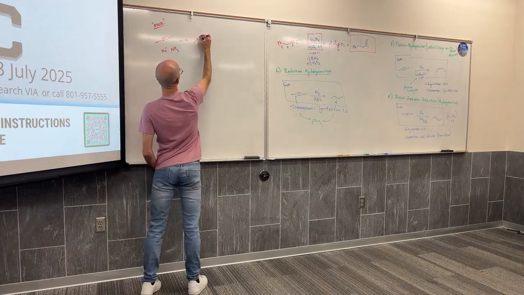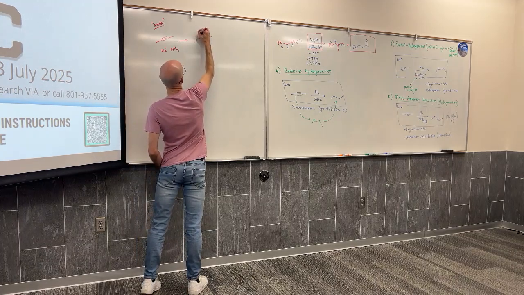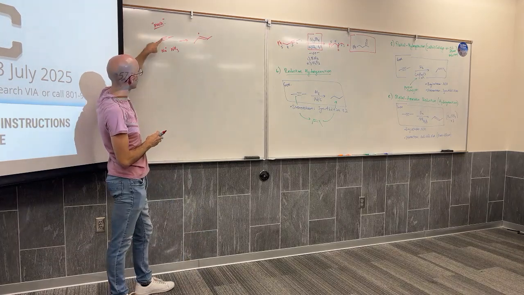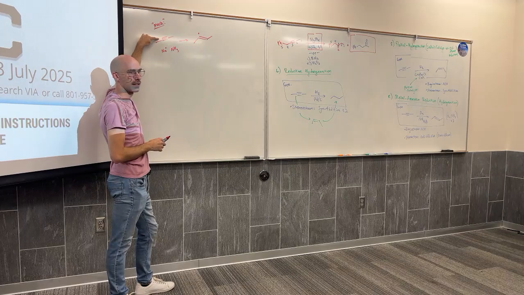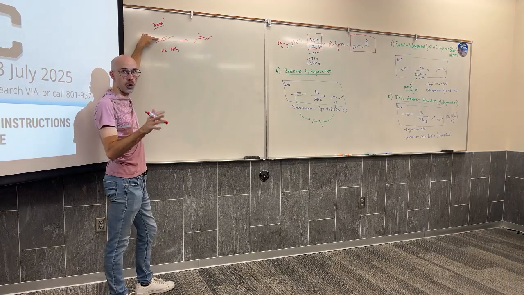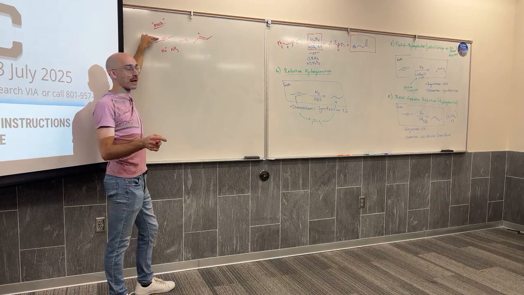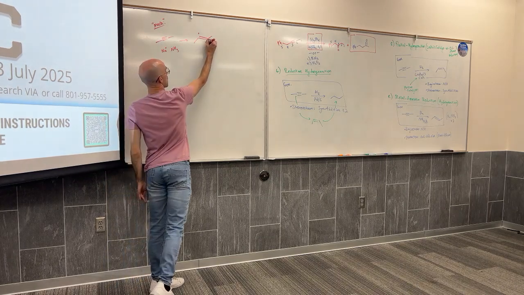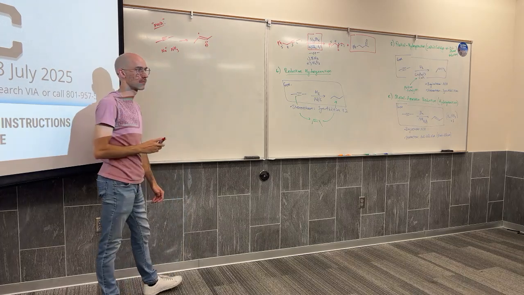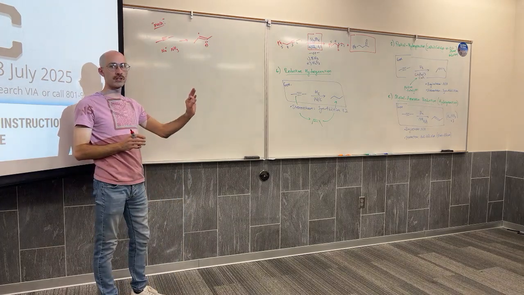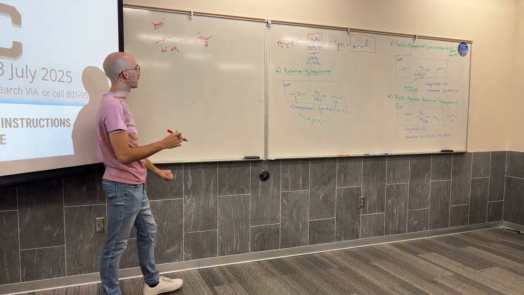The first thing that happens is that sodium donates electrons to the alkyne. That alkyne has full octets everywhere. So in order to give an electron to the alkyne, it needs to break a pi bond. Creates a radical on one carbon and a lone pair on the other.